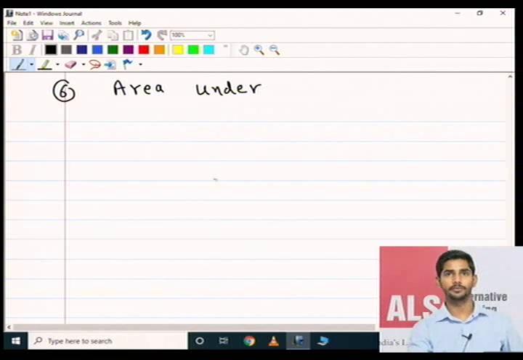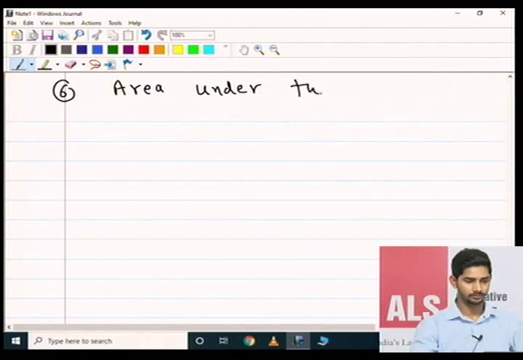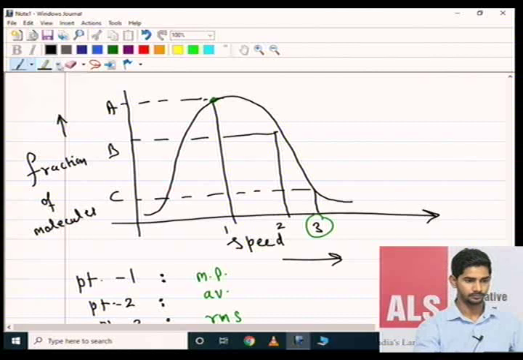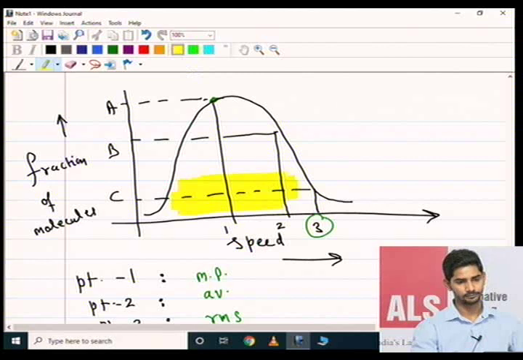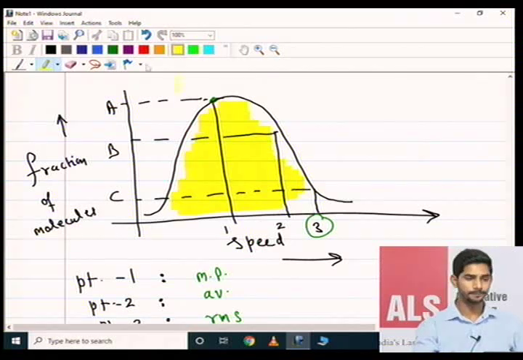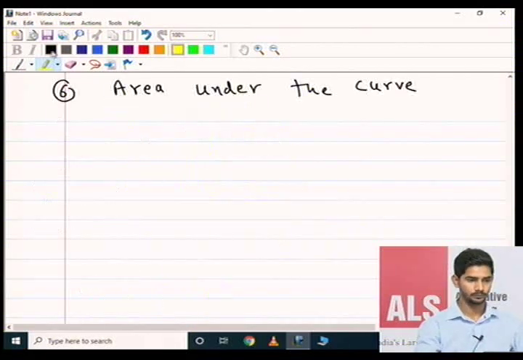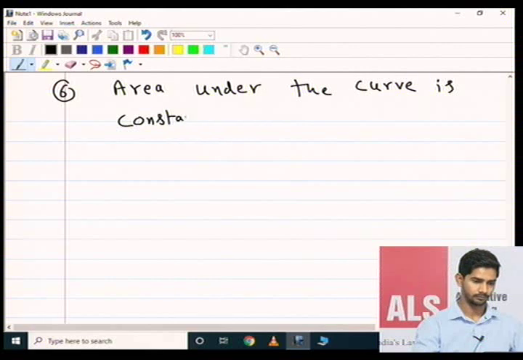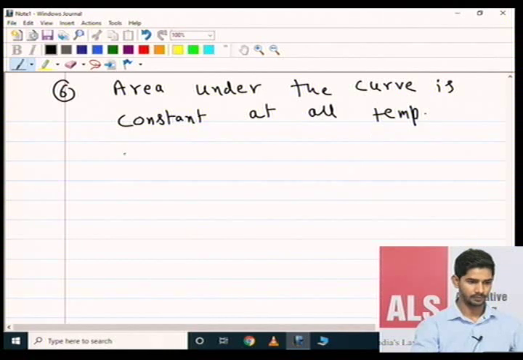The area under the curve means I'm talking about this area. The area under the curve is constant at all temperatures and it equals unity.